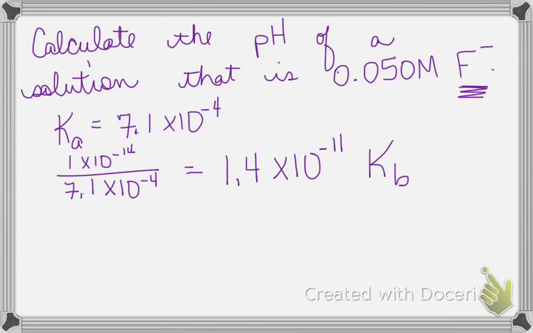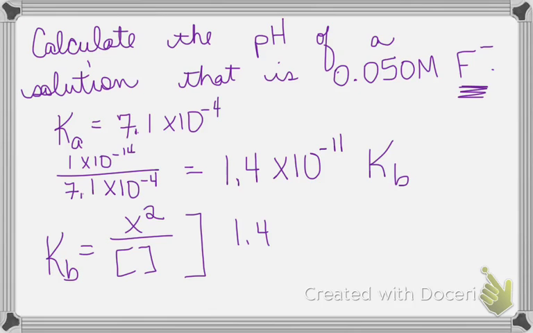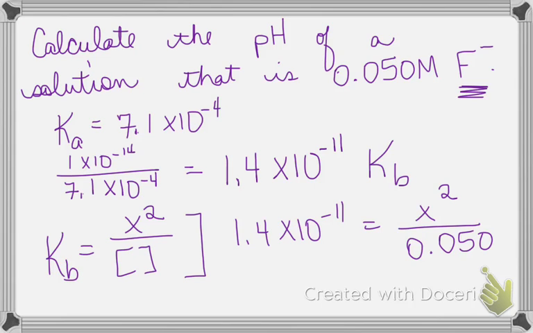Okay, so now what do I do? Now once I have the Kb, can I solve for pH? Yes, because I know that Kb is equal to x squared divided by initial concentration, don't I? So I know 1.4 times 10 to the minus 11 is equal to x squared divided by 0.05. And I'm going to solve for x.